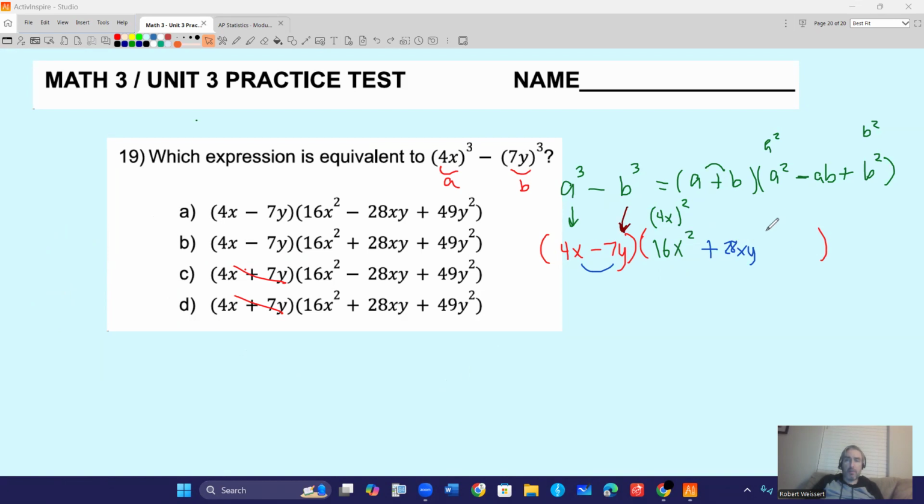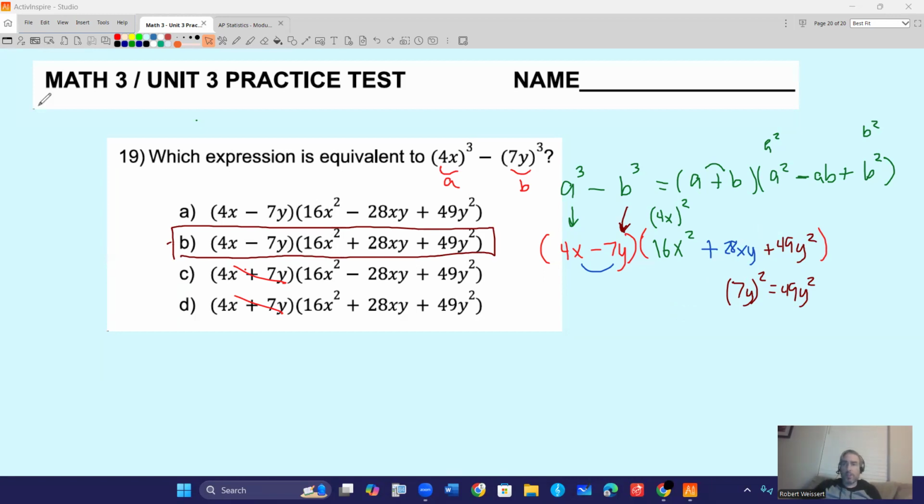So we're going to take 7y, and if I square that, that's going to give me 49y squared. So it'll be plus 49y squared. So there should be an answer that looks just like this. And it looks like it's going to be that second one here. So this will be your answer.